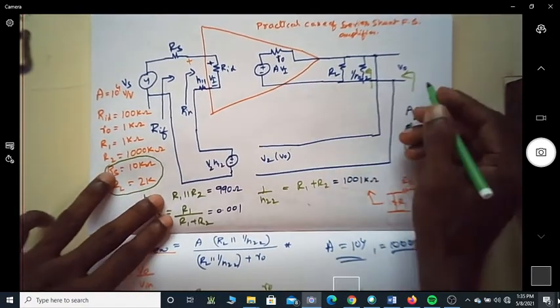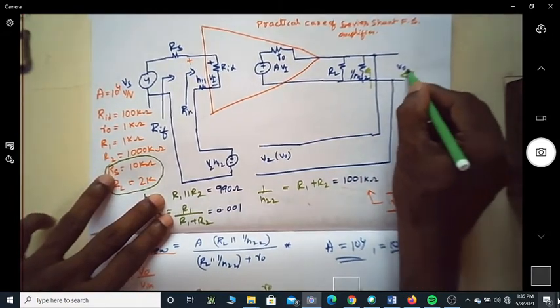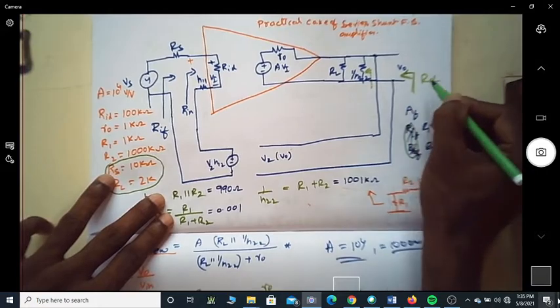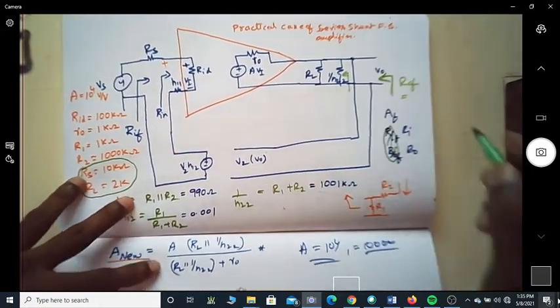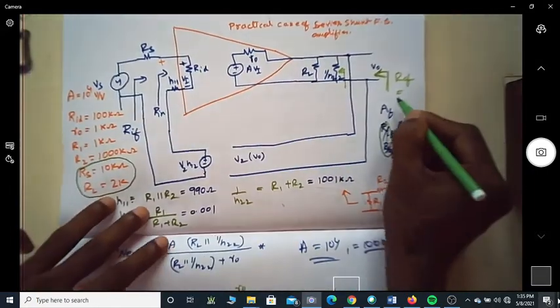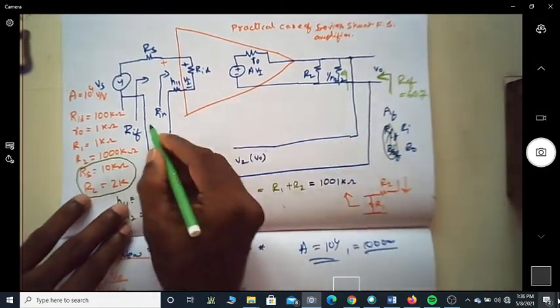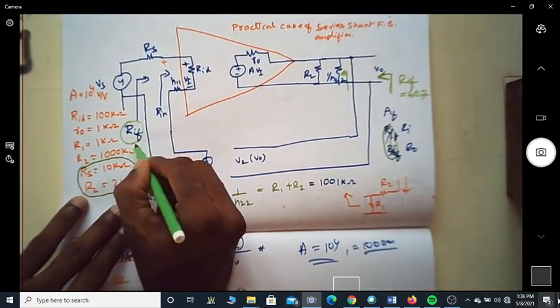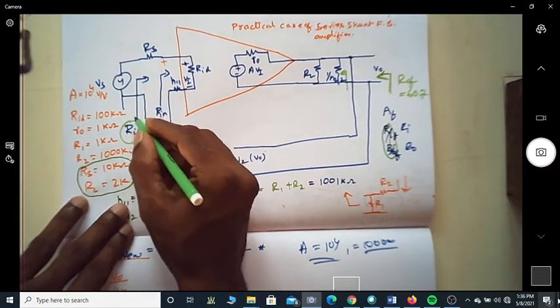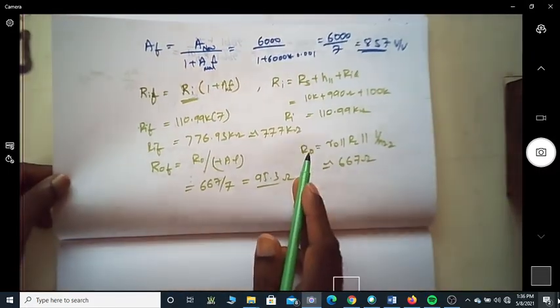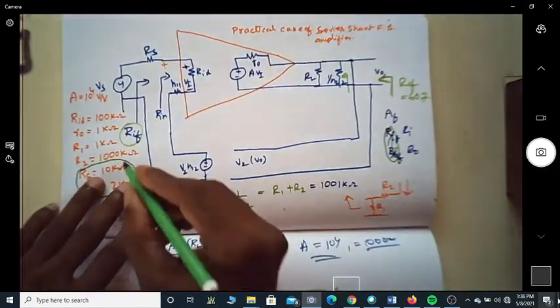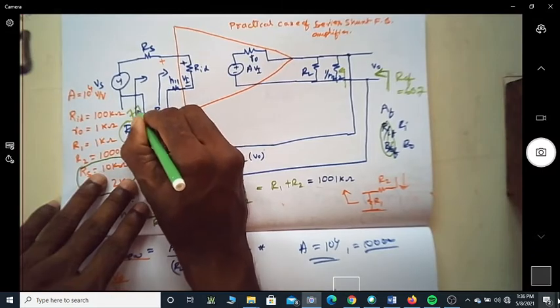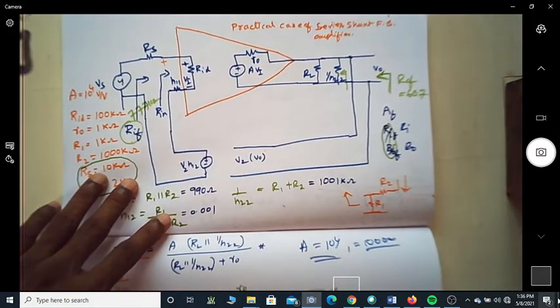So now the overall ROF is 95.3 ohms, and the overall input impedance looking from here is 777 kilo ohms.